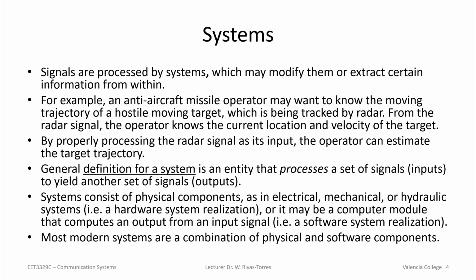Now, systems can be anything, right? They can be physical components, as in electrical, mechanical, hydraulic systems. In other words, the hardware realization of the system. It could be things like computer modules that compute an output signal from whatever the input was, right? So most modern systems are a combination of both the physical and software components.